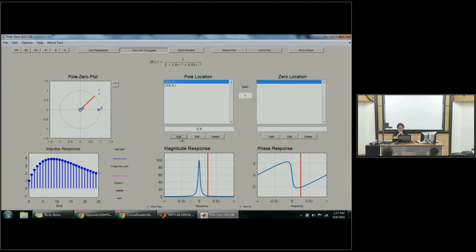So think about this. What is the filter doing? If your low pass filter is only supposed to pass DC, and I set its magnitude to be 0, it will give 0 to all frequencies. That's what it means.